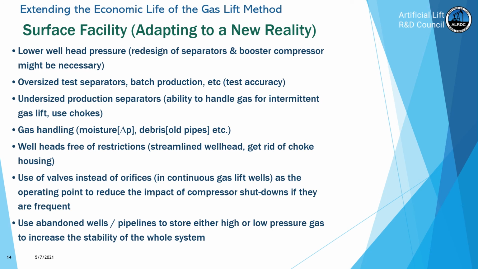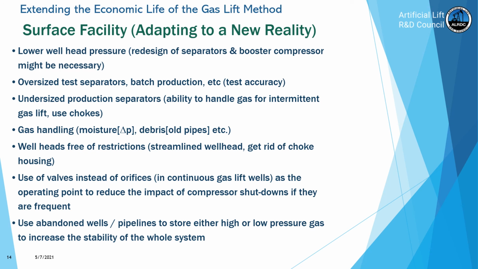compression and gas. The other thing that you might do is to use abandoned wells and pipelines to store either high or low pressure gas to increase the stability of the whole system.